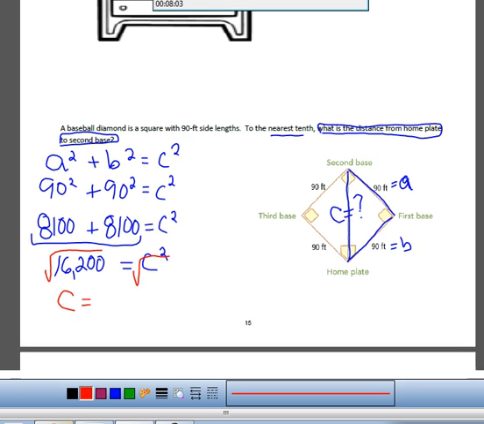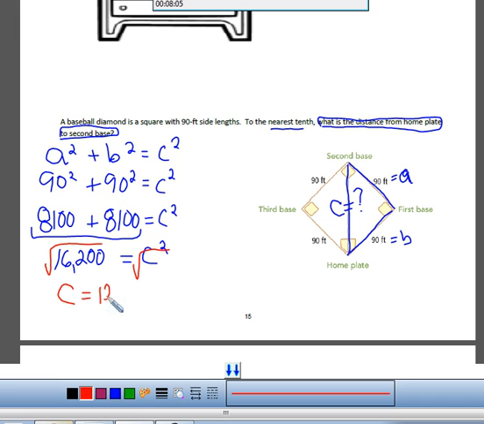Let me move this down a little bit. 127.27922, and you can keep going, but I'll just put dot dot dot feet. Okay, so that's what I get. Now to answer the question, what is the distance from home plate to second base, to the nearest 10?